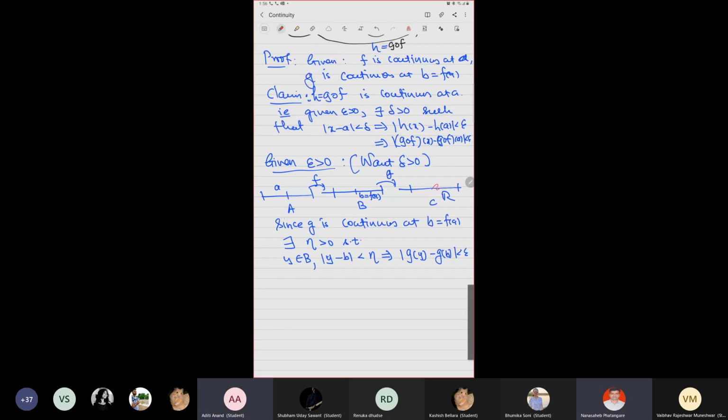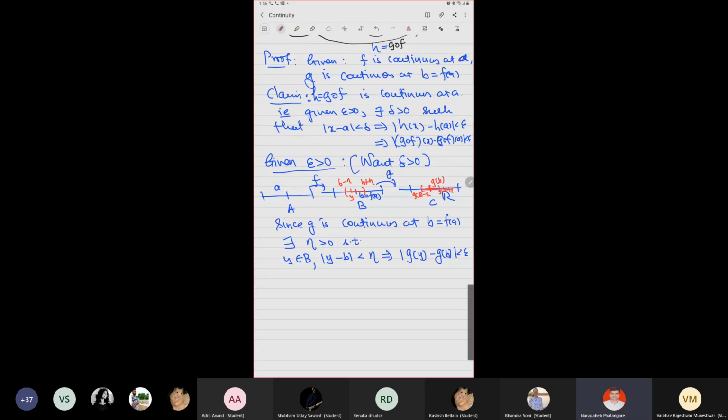So suppose g(b) is somewhere here, and this is b. So there is eta: b plus eta, b minus eta. If y is in this neighborhood, then here I have epsilon: g(b) minus epsilon, g(b) plus epsilon.